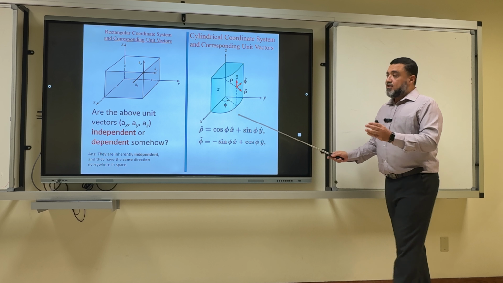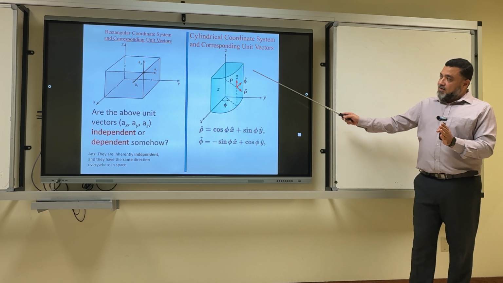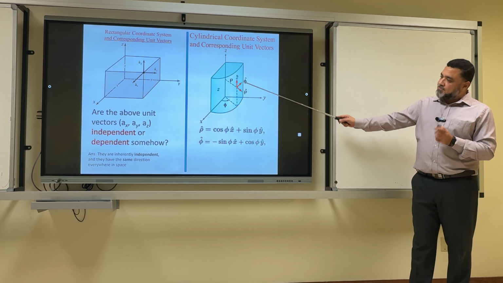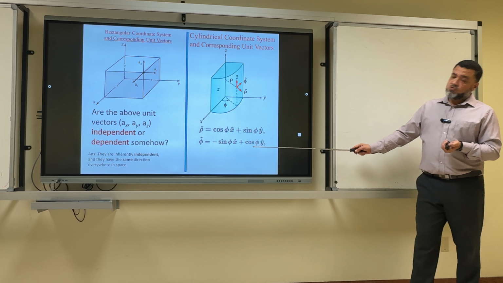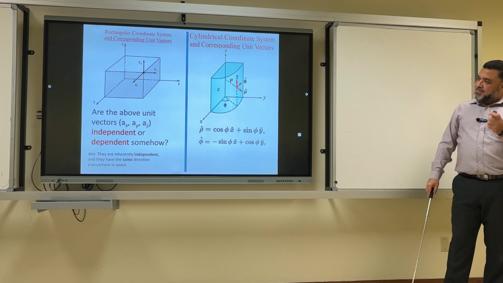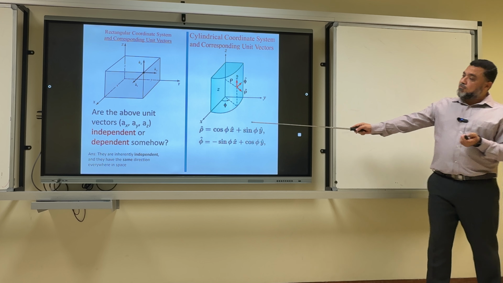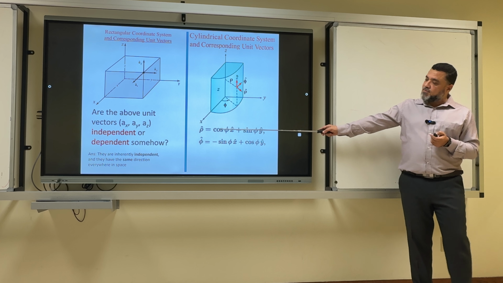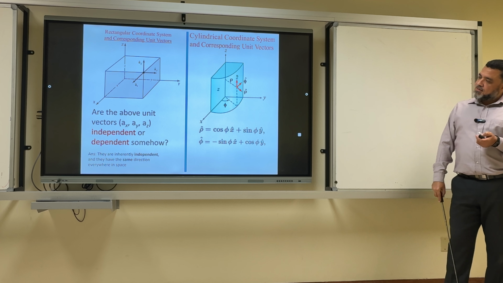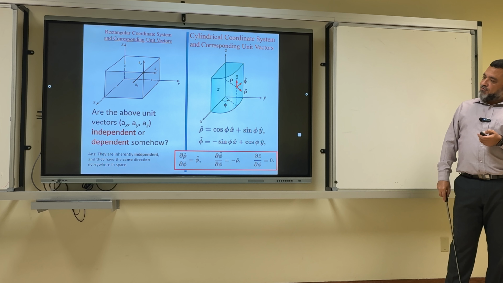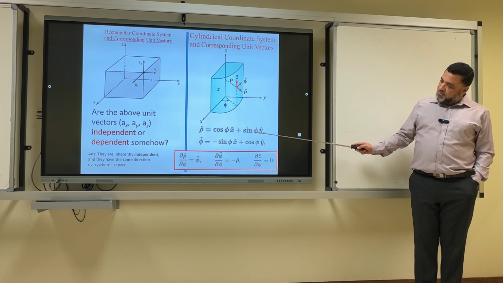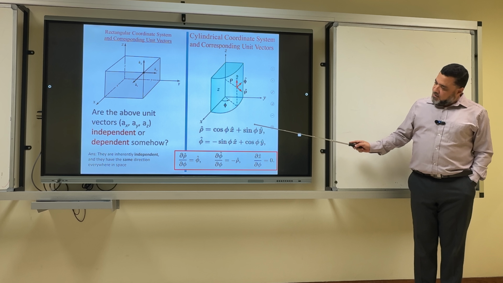So what we see here is totally different from the Cartesian system. The unit vectors here are highly dependent on the coordinate, mainly phi. Phi has nothing to do with rho, but a_rho has something to do with phi. What about a_z? a_z is the same. If you take the partial derivative with respect to phi, what will be the answer? If I take the partial of this equation with respect to phi, you will get a_phi: minus x sine phi plus y cosine phi.